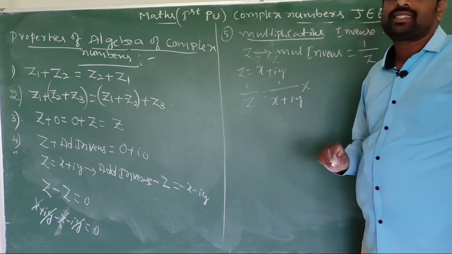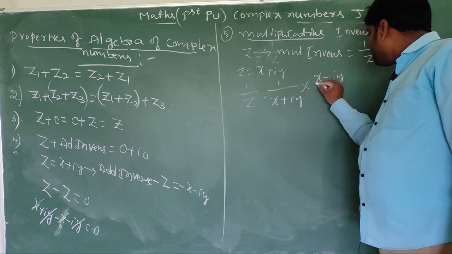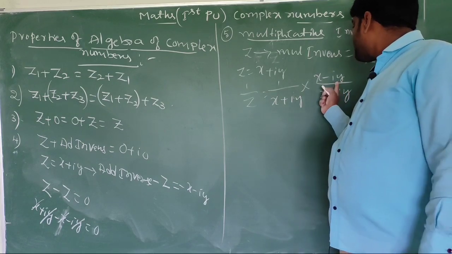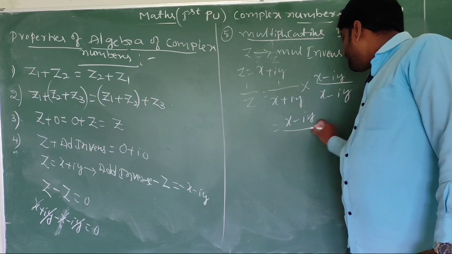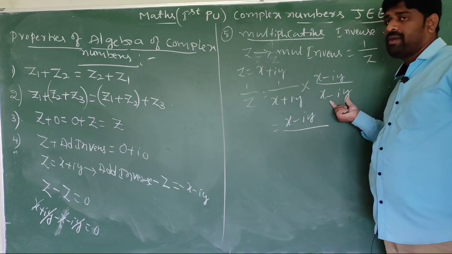We have to rationalize the denominator, that is, multiply by x minus iy divided by x minus iy. X minus iy into 1 is x minus iy, divided by a form of a plus b into a minus b.